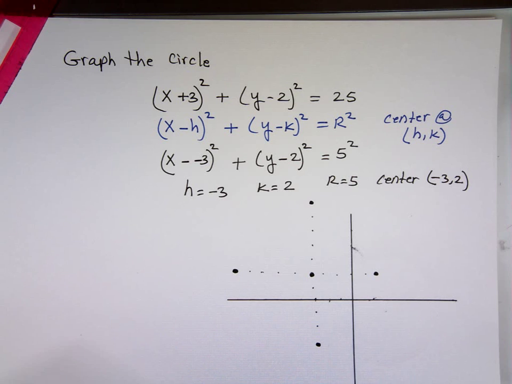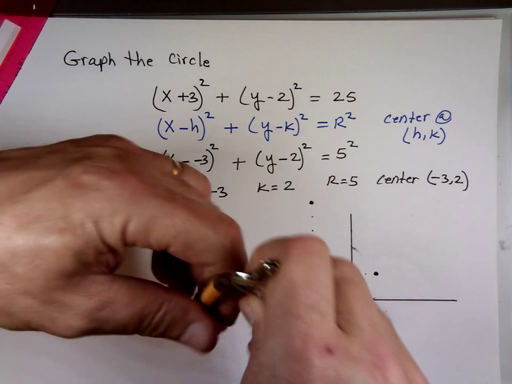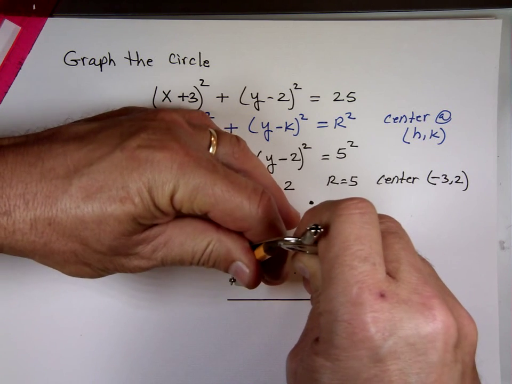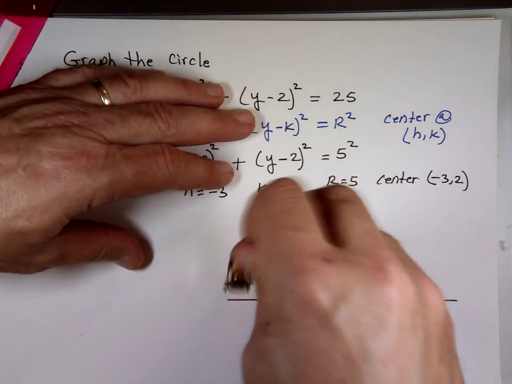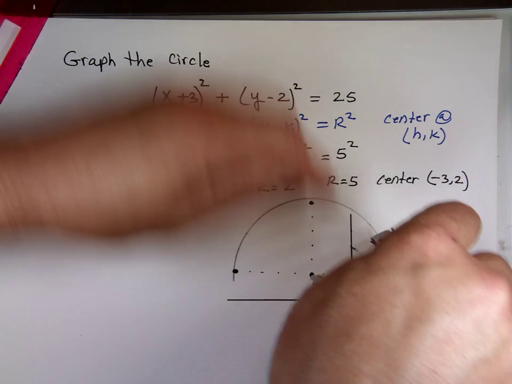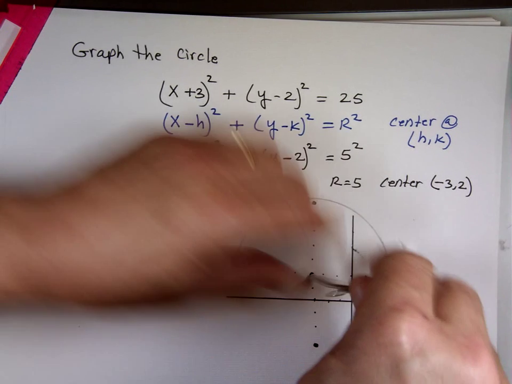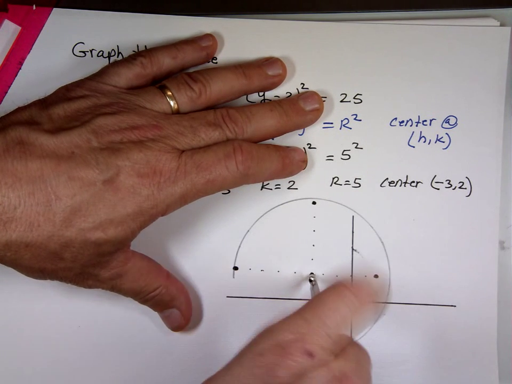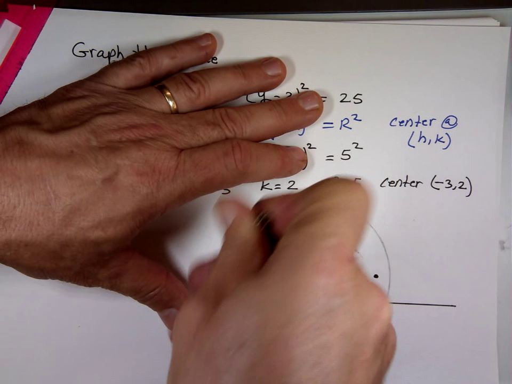Let's see if I can try to graph it now. Missed it by a hair. Ooh, my scale's off, I guess. Yowza. I guess I should use a scale, huh?